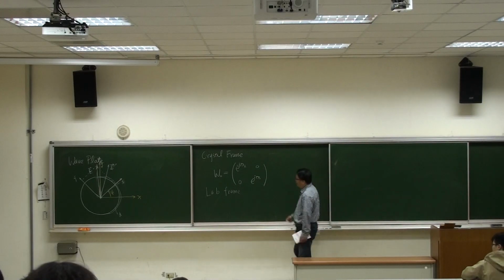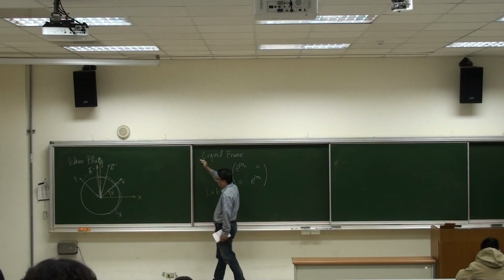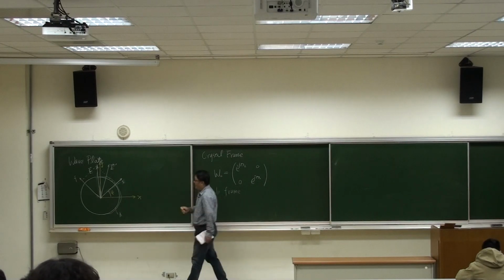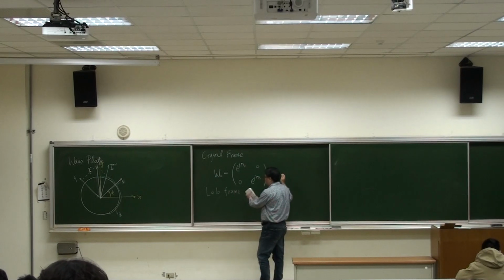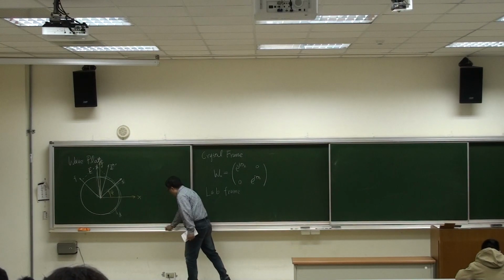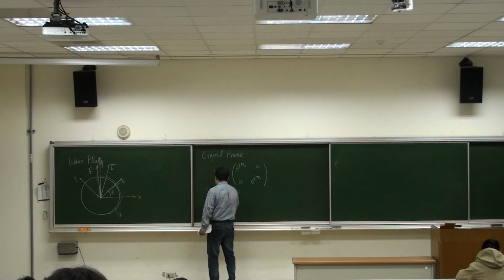So, if we want to represent the physical effect of this wave plate by a matrix in lab graph, then we should change it to W.